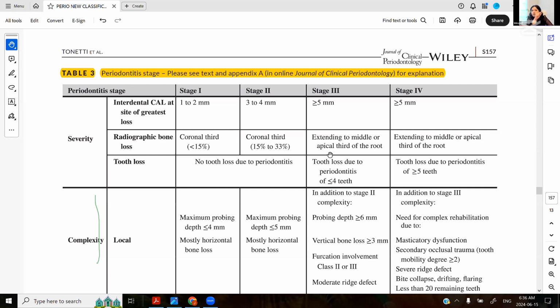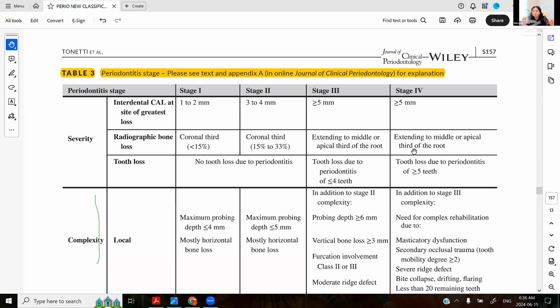Stage 3 is, so if on OPGs you start looking and any bone levels are going to the middle of the root, you immediately know stage 3 or 4, right? Going to the middle or the apical. So if an OPG is given and my bone levels are middle, and attachment loss is not given to me, probing depths are not given to me, but middle, and then I see driftings, tilts, loss of teeth more than 5, I know it's stage 4.